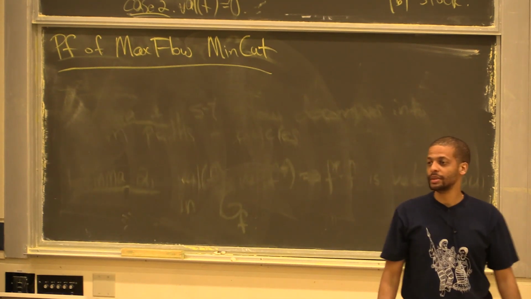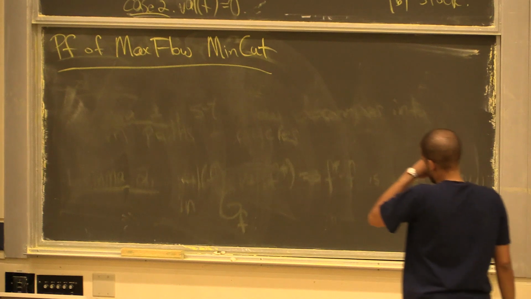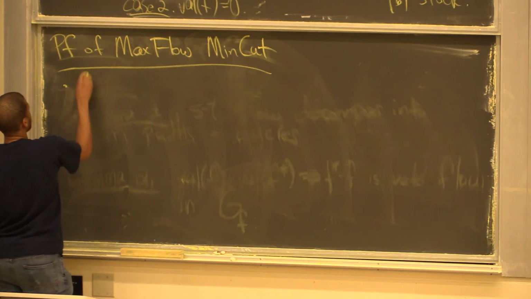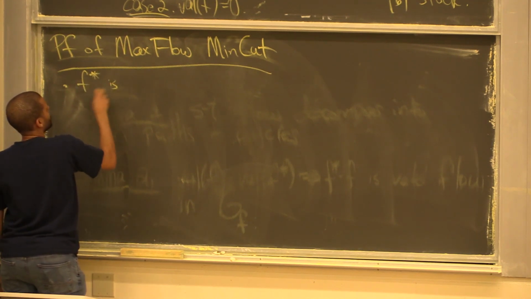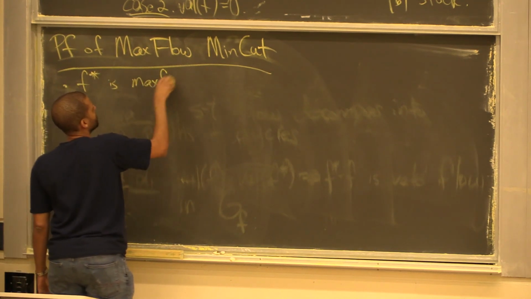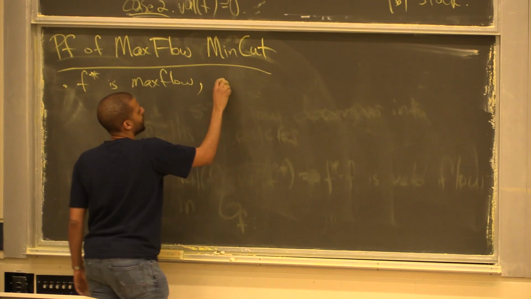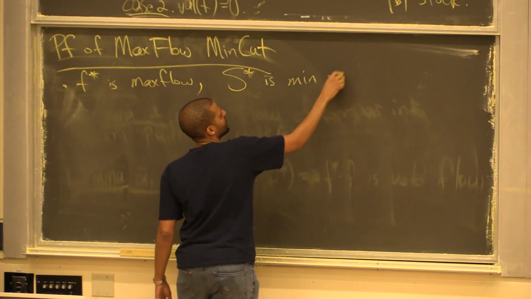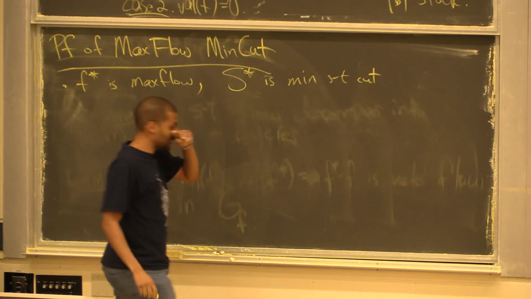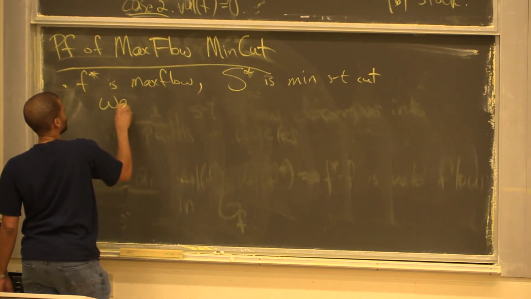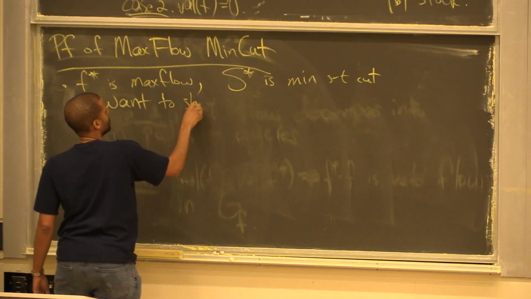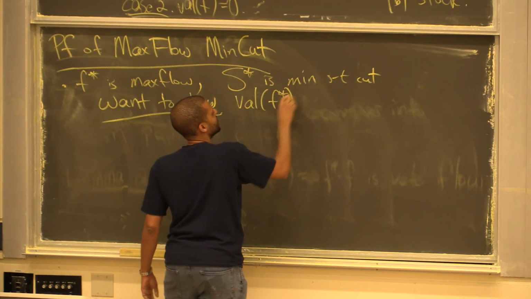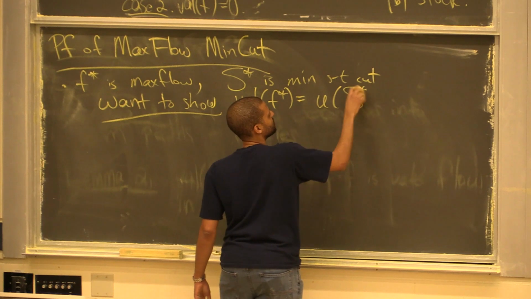So why is this theorem true? So let's say that F star is a max flow, and capital S star is a min ST cut. I want to show that the value of F star is equal to the capacity of S star.